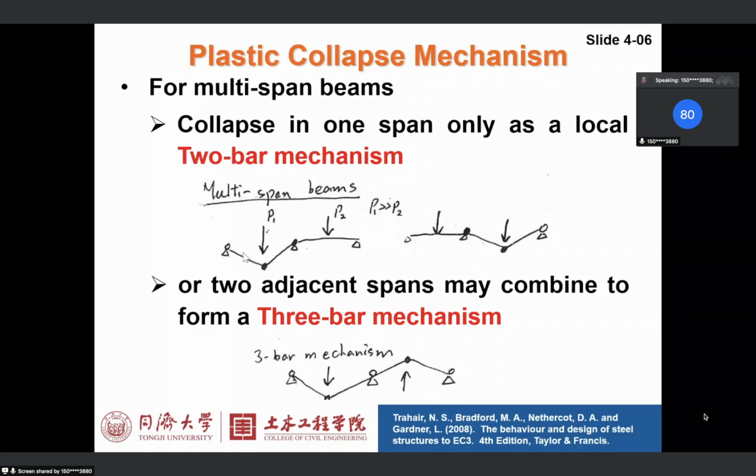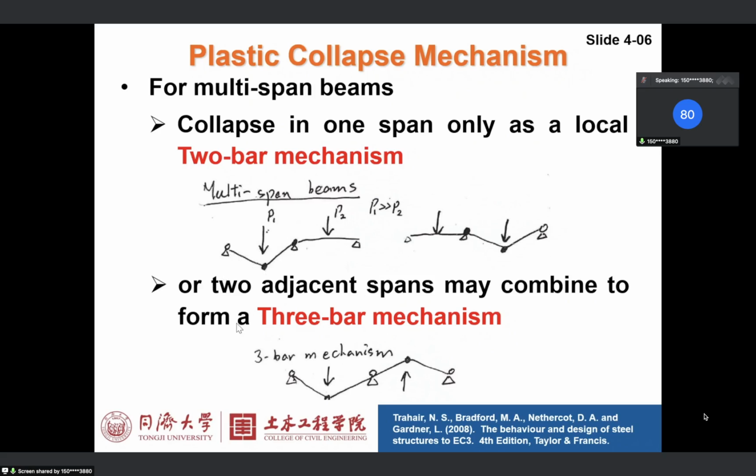This is a two-bar mechanism, right? Or if P2 is much larger than P1, similarly, we can have such a mechanism. Of course, if P1 is exactly the same as P2, maybe there will be like this and this.